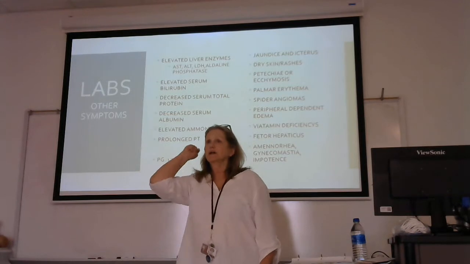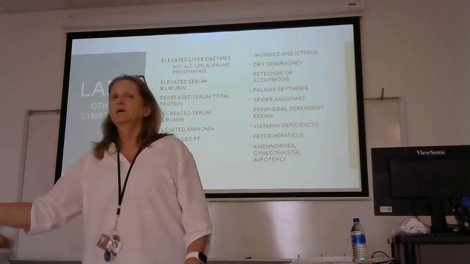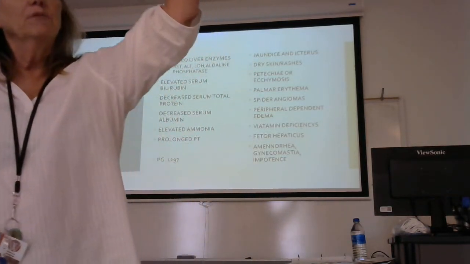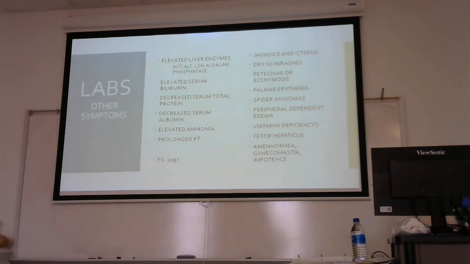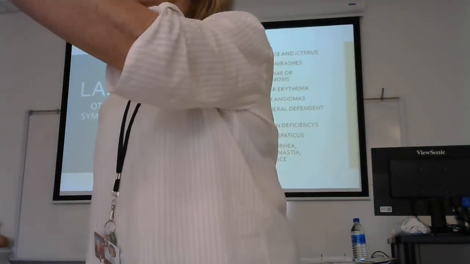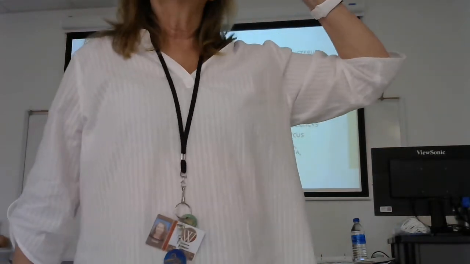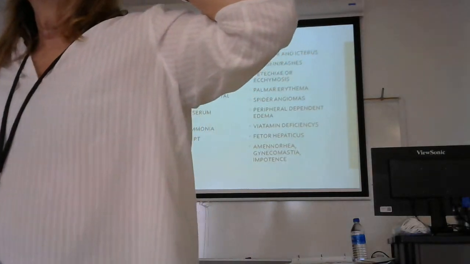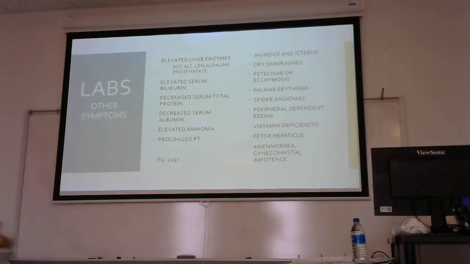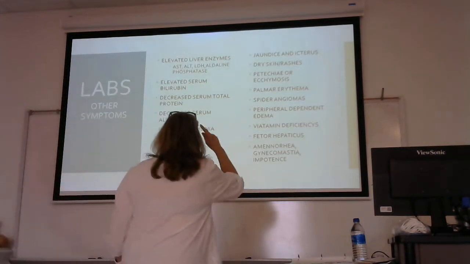The liver's not converting it to urea. And where does ammonia come from? Breakdown of protein. So what else could I do to his diet that would help bring that ammonia level down? Increase the protein? Decrease the protein? It's a little tricky because we need protein.